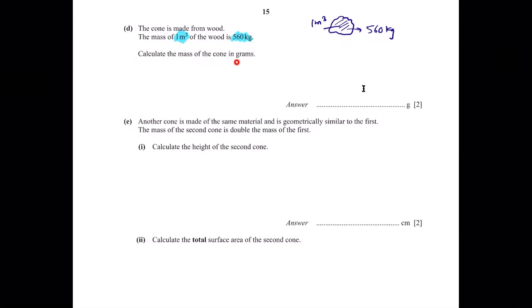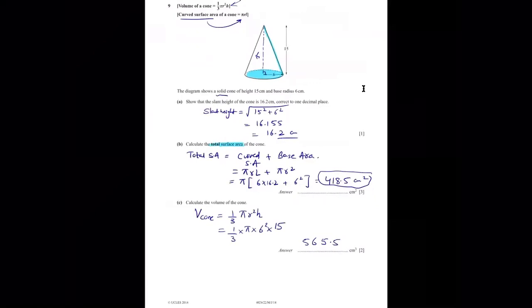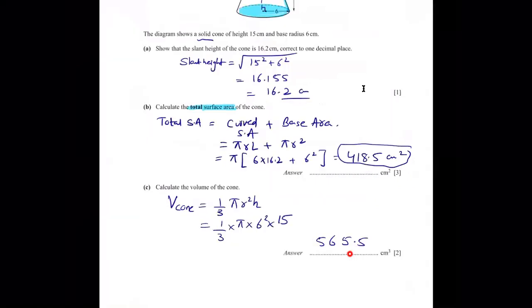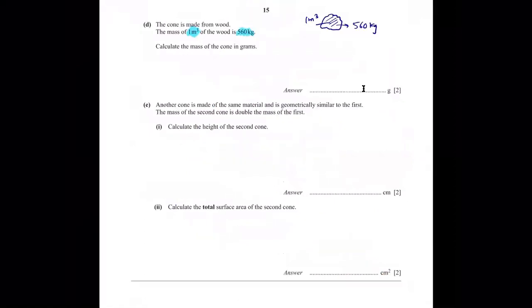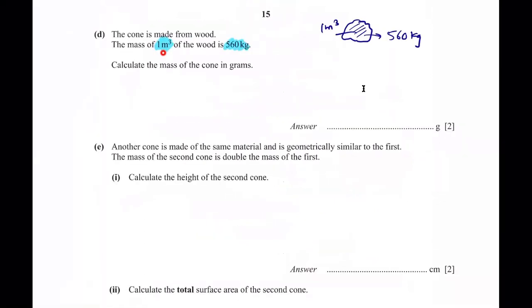Calculate the mass of the cone in grams. So first of all, I need to find out the mass. I have the volume of the cone. The volume of the cone came out to be 565.5 centimeter cube. Okay, and here the comparison is being made for meter cube and kg.